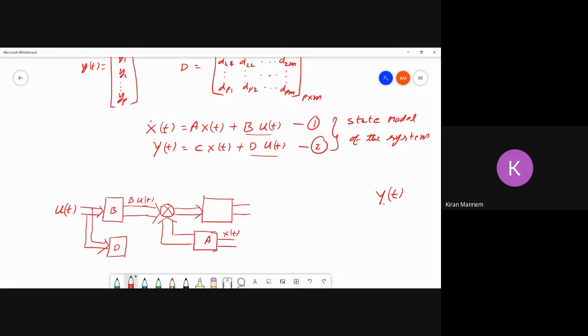A into x of t plus B into u of t is nothing but your x dot of t, isn't it? So I got x dot of t. Now integrate it. You will get x of t here. So I am giving this x of t, and this can be applied.